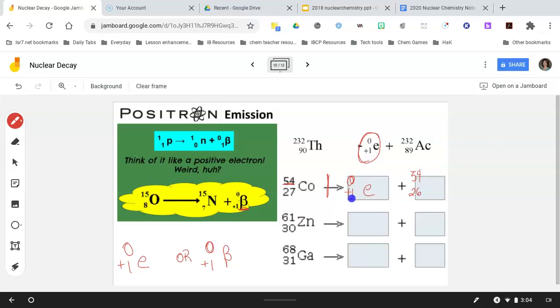That is a 26. 26 plus 1 equals 27. Element number 26 is iron. Zinc. Okay, next example, our zinc 61. If it's undergoing positron emission, here's my positron particle. That's a positive sign and a 1.